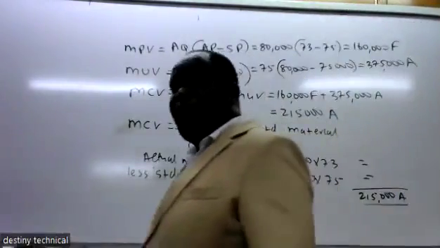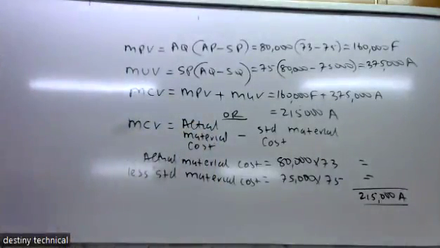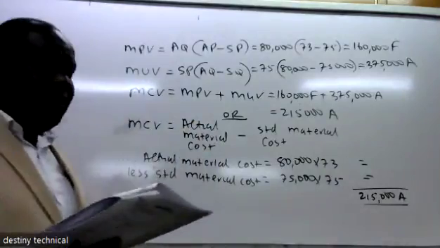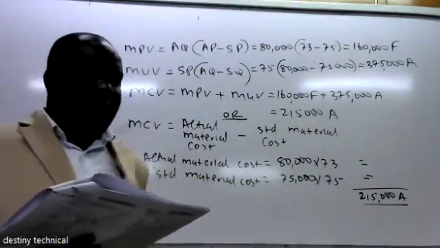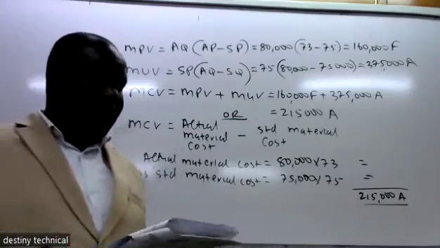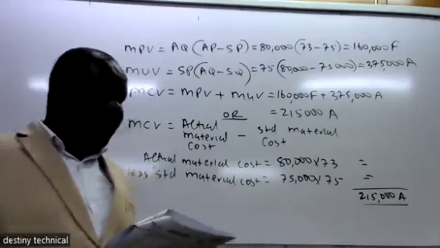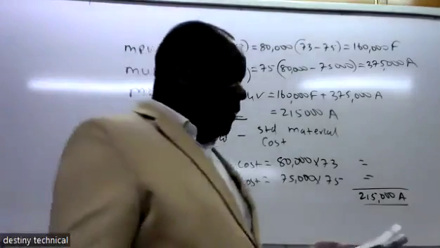That question for May 2018, question number 5, part C, reads that the standard cost card for the production of a component Y is as follows.